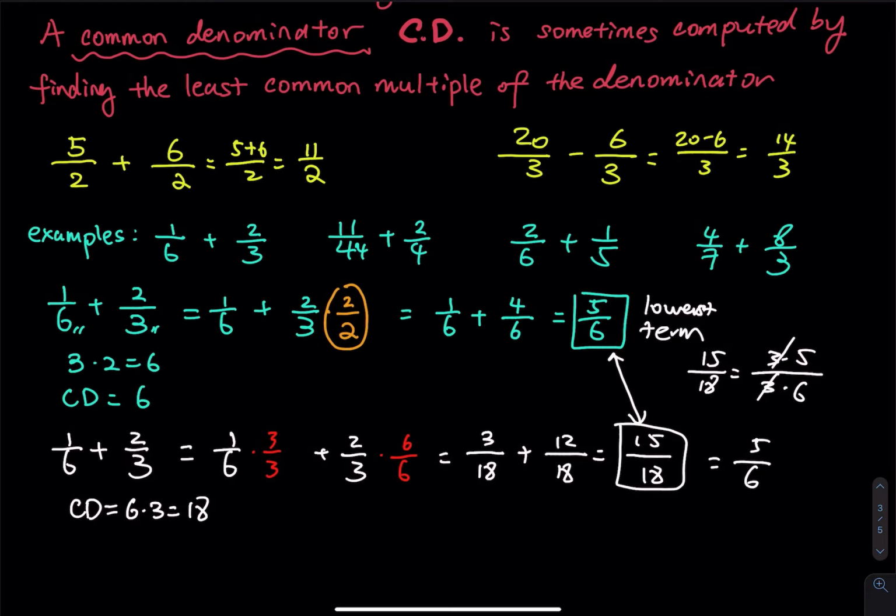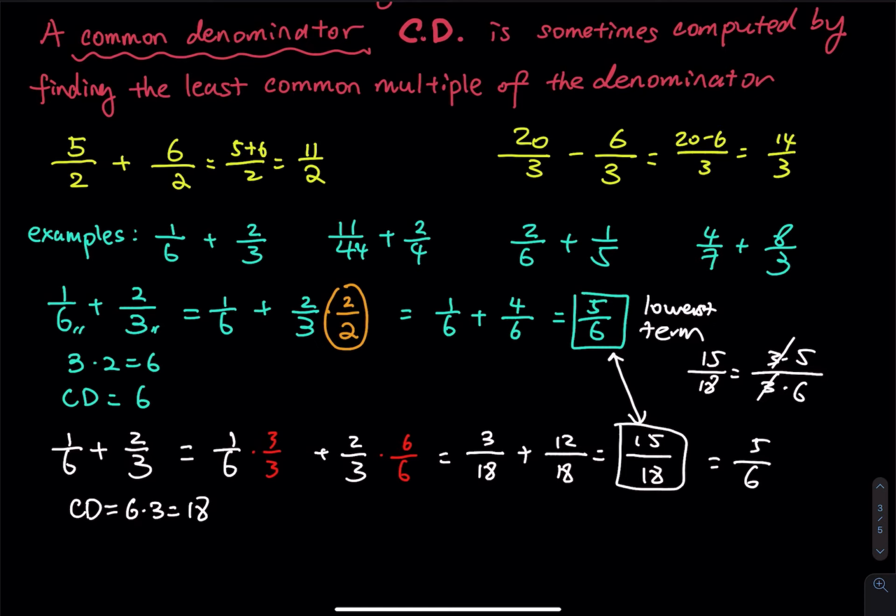It depends on your instructor's preference. In my class, I would just say, forget it, you don't need to do it, just leave it as 15 over 18. But in some other instructor's class, you have to pay attention to what they want you to do, right? So that is number one.